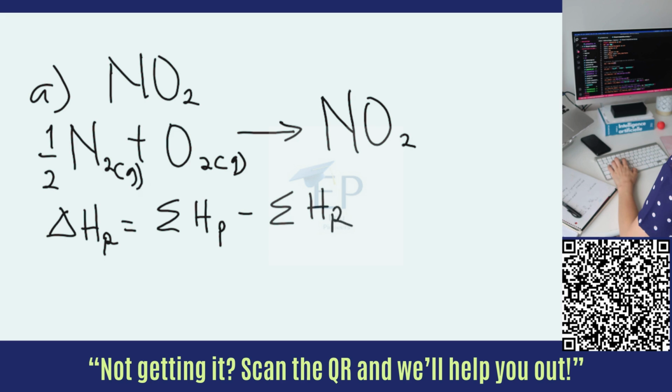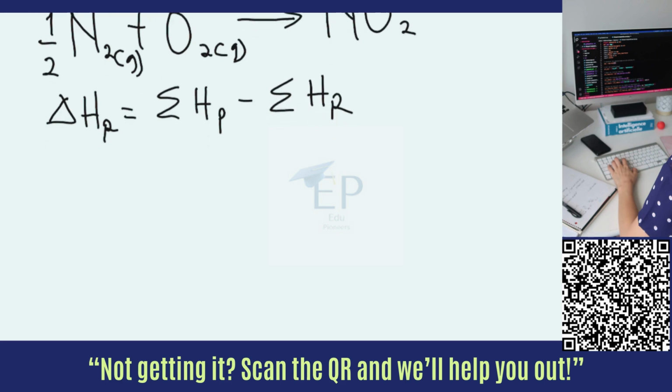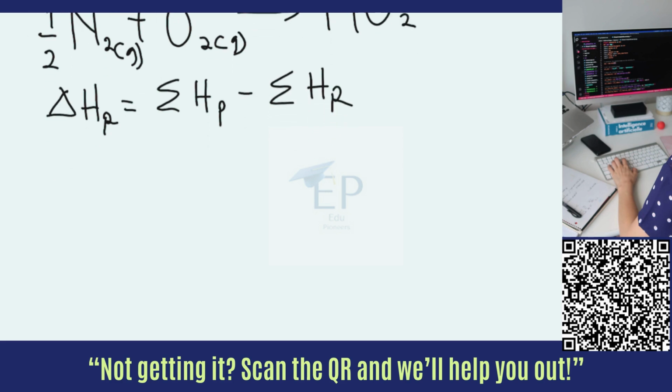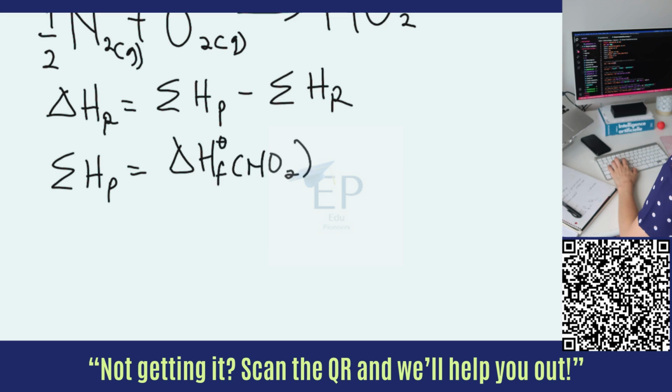So if you look at the table in the appendix, you would find that the enthalpy of formation of NO2, which is the total enthalpy of the product, would give us 33.10 kilojoules, right?